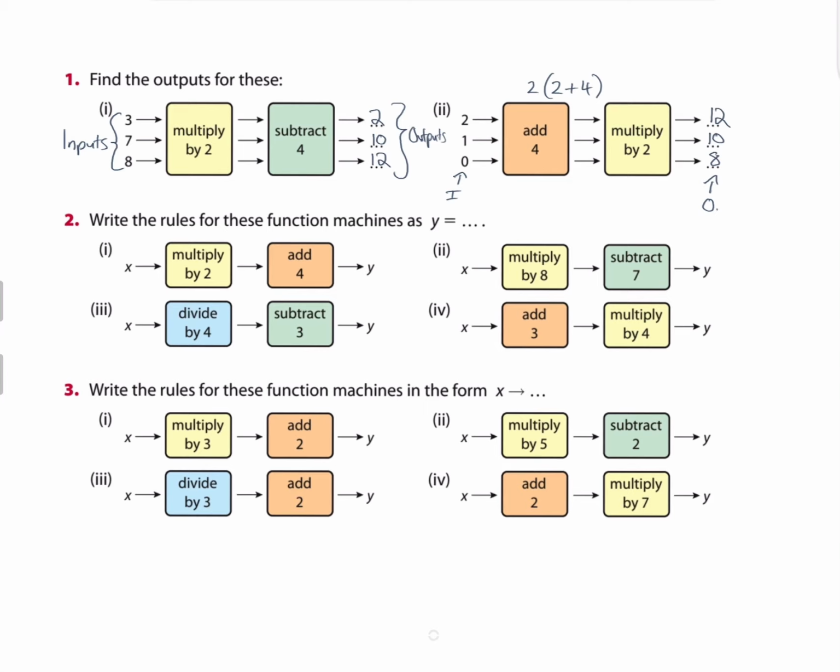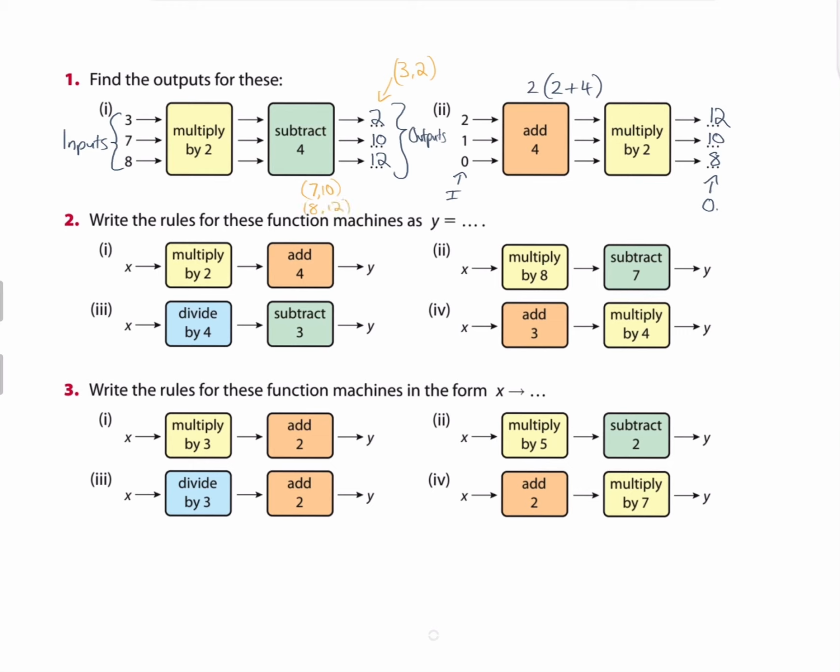Now, we can write the couples for these. All right, let me just change the color of the pen. So the couple for the first would be 3 and 2, because 3 is the input and 2 is the output. The second one there is 7 and 10. The third is 8 and 12.